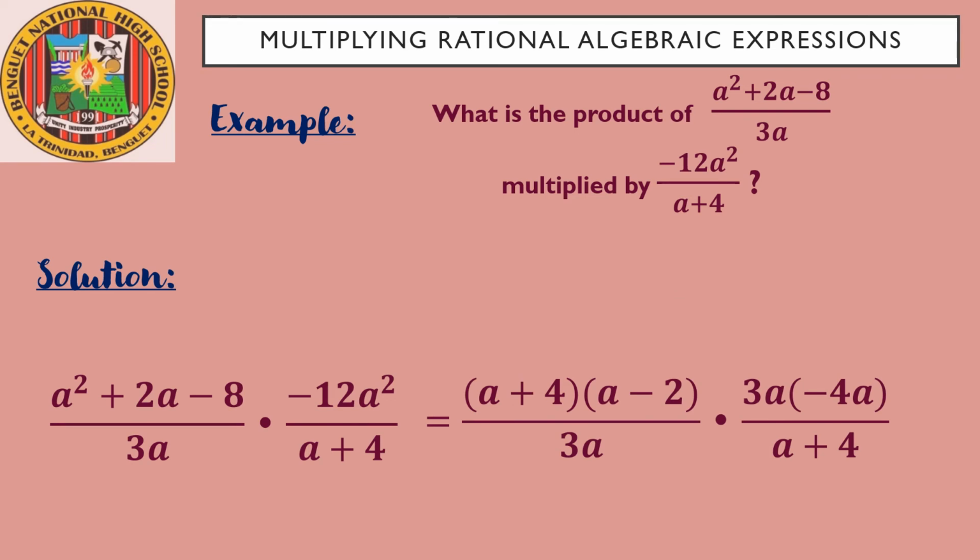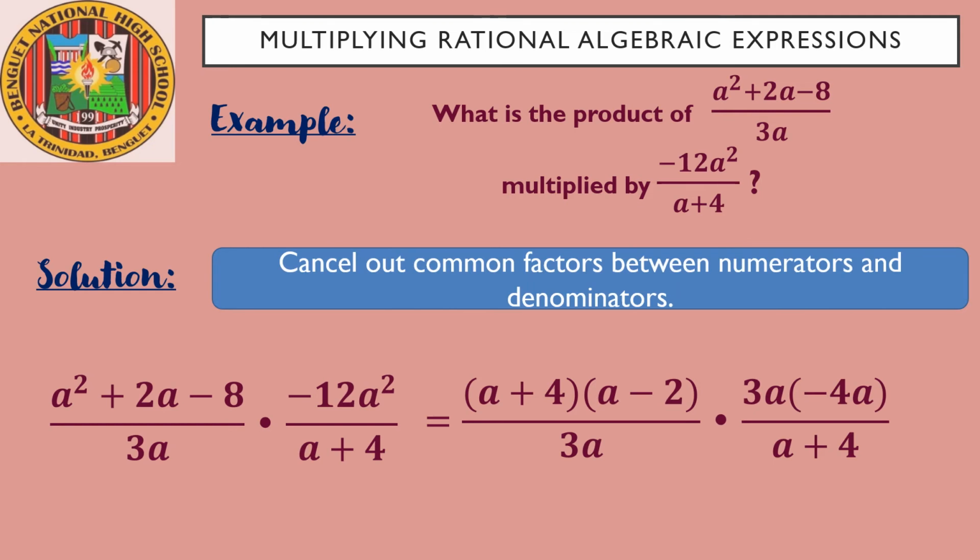The next step is to cancel out common factors. We begin by checking and canceling out common factors between the numerator of the first RAE and the denominator of the second RAE, which is the binomial a plus 4.